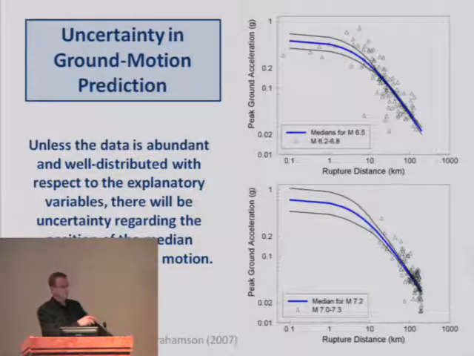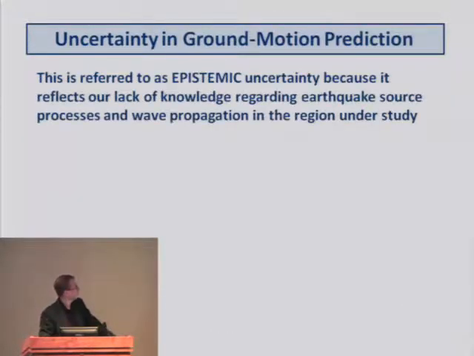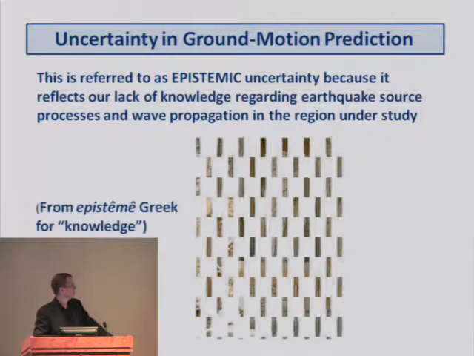So if we think of these as kind of confidence intervals, then they have to start widening out very considerably. And that's what we refer to as epistemic uncertainty, and it basically reflects our lack of knowledge, and in this case, lack of data to constrain the model.